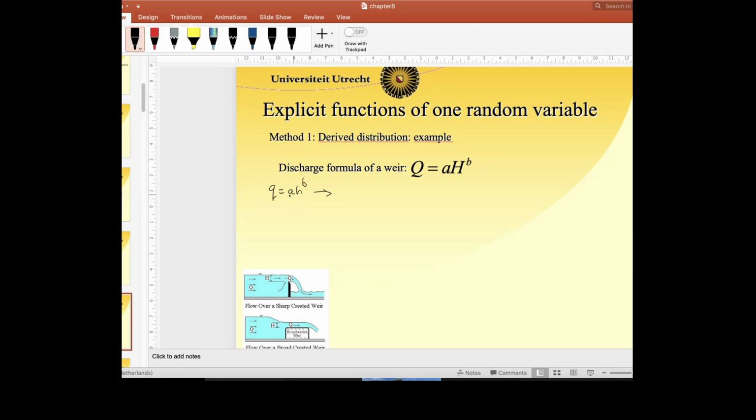We're going to write H as a function of Q, so this is a G function. We want to have this one, right?